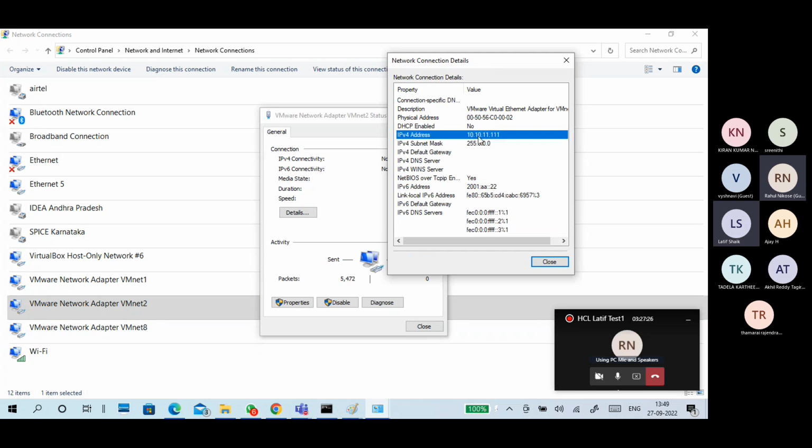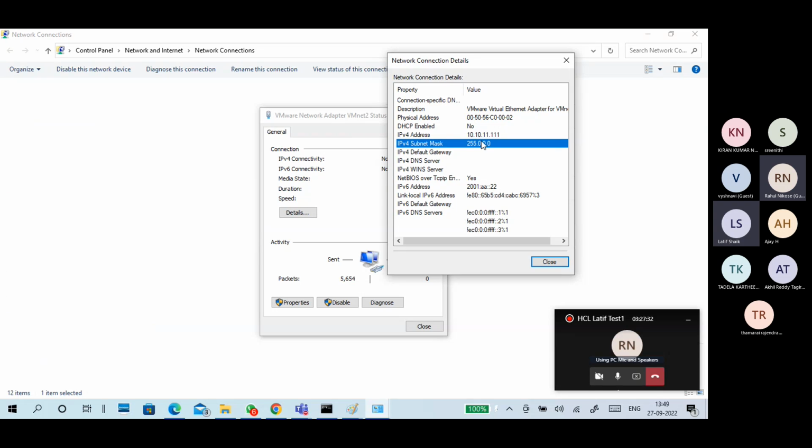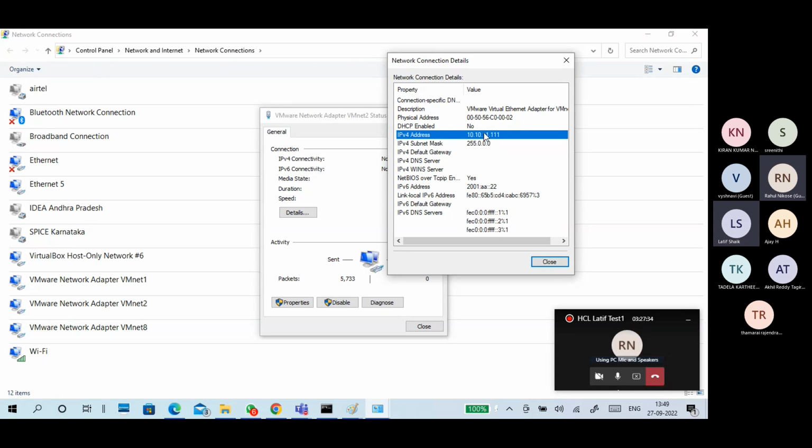Look, where is the APIPA address? Once you have an IP address, either manually or dynamically, APIPA won't be there. If you fail to get an IP address from DHCP, APIPA will be there. That's the first point.